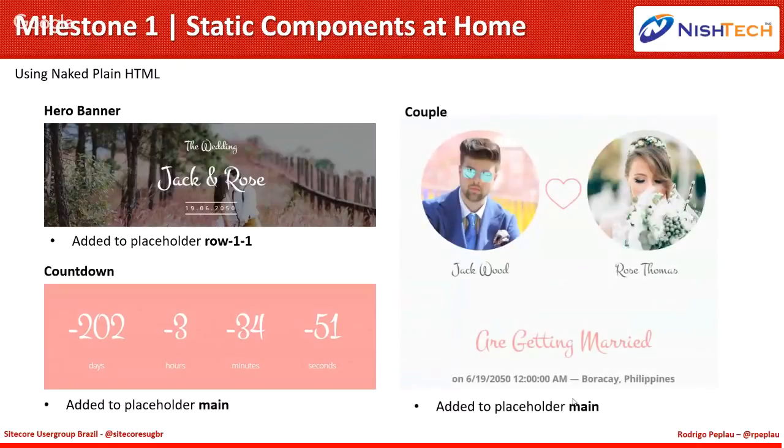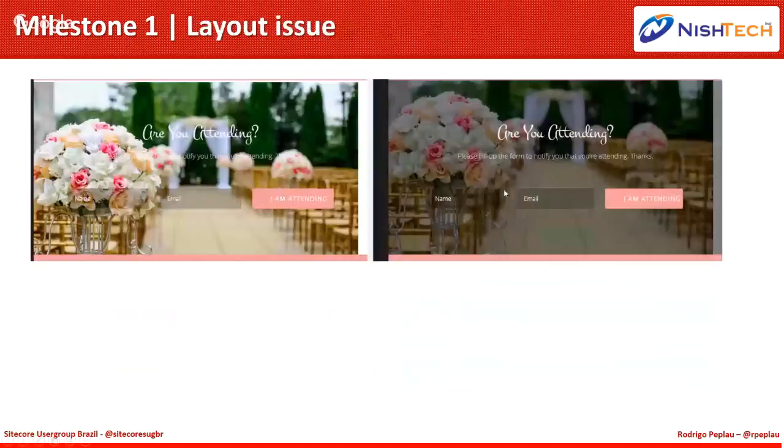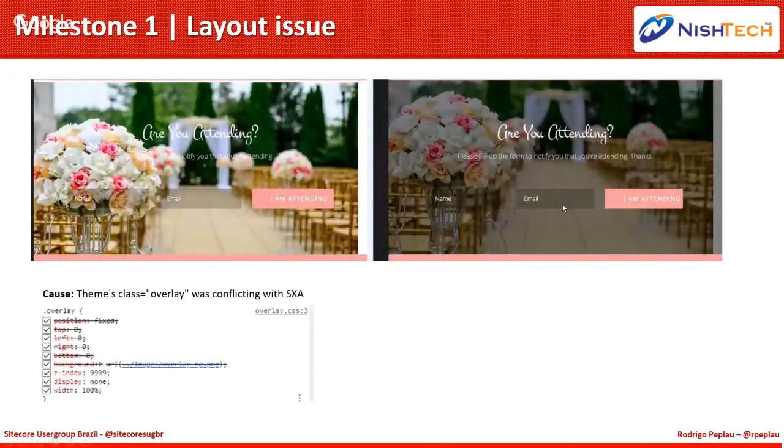So here we're just using the naked plain HTML to bring this content as components inside each of the placeholders that we got. Right. In the end of the first milestone, we got a layout issue. By investigating that, I noticed that there was something in the SXA that was injecting an overlay class. This background you see here, that was being injected by SXA.